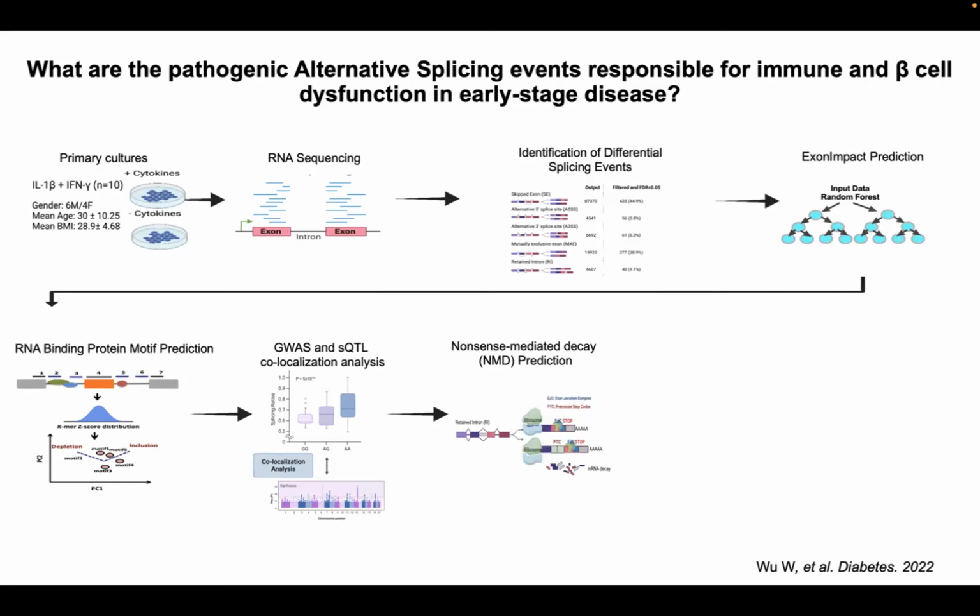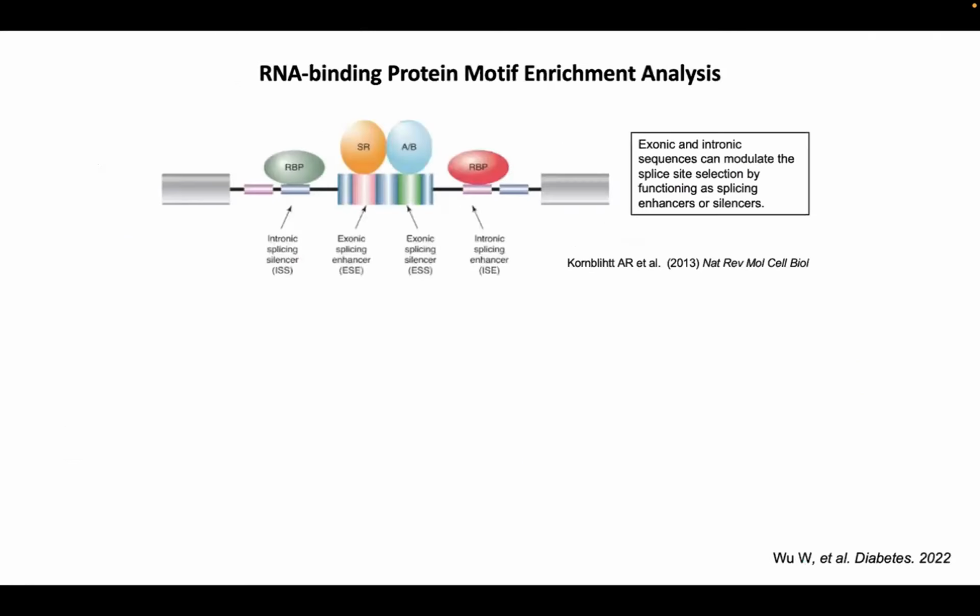Fourthly, we utilized an algorithm to predict nonsense-mediated decay for alternate splicing. Finally, after we have the top targets, we utilized qPCR and single molecule FISH to validate them. So today I will introduce some of the bioinformatics tools we utilized in this paper.